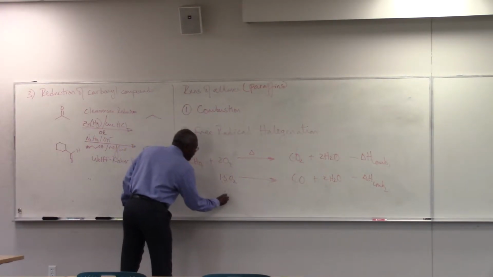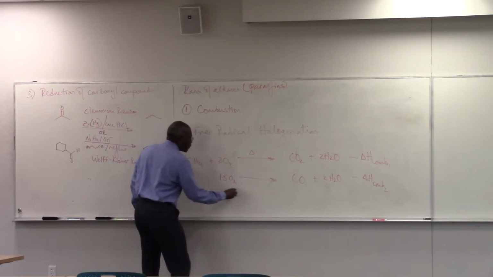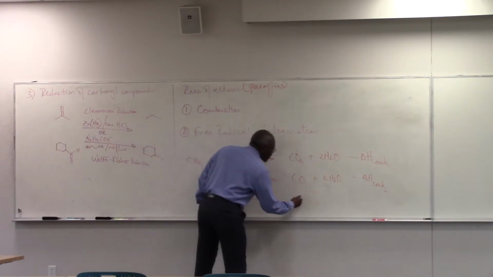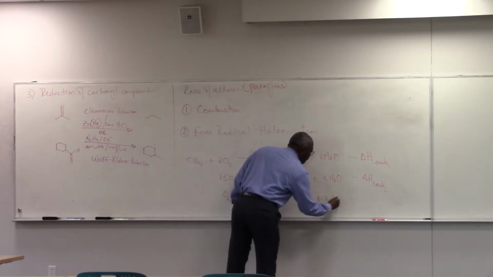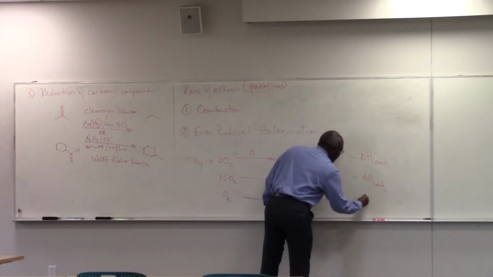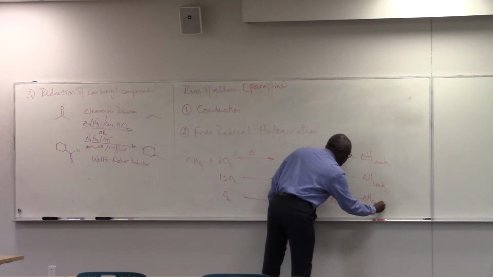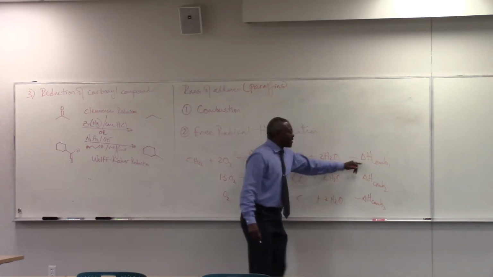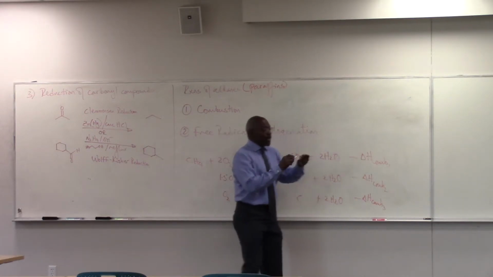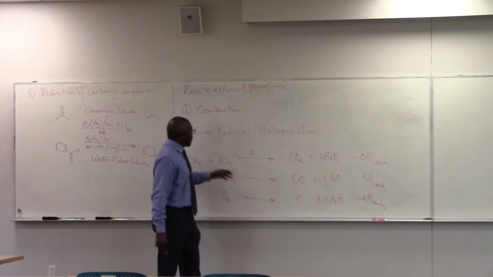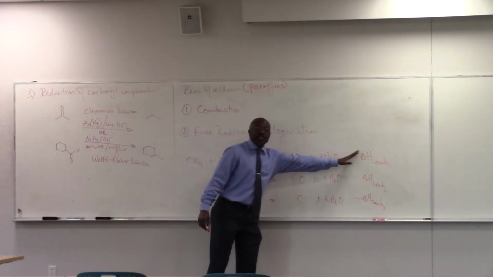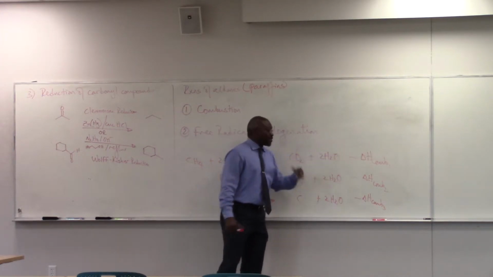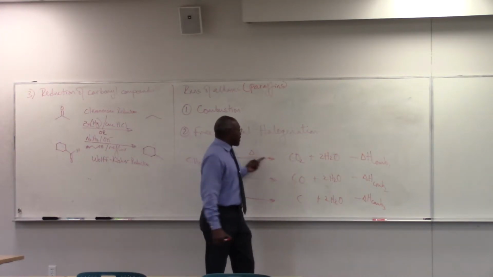And if I were to starve it even more, so just 1 O2, what I would get is carbon, in other words soot, and water. And that's going to release the delta H of combustion 3. And this number is the highest of the lot. So when I do complete oxidation of both the carbon and the hydrogen, I release the most energy, and the most exothermic. And so ideally, if you're burning stuff for energy, this is what you want.